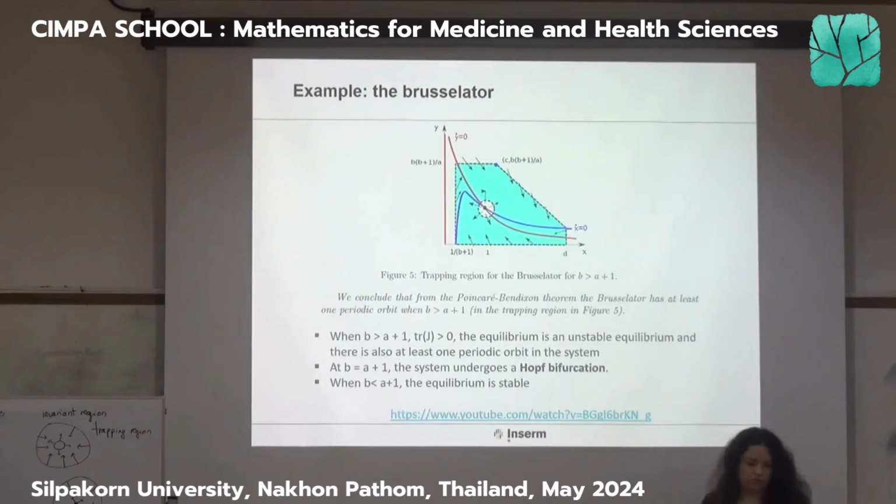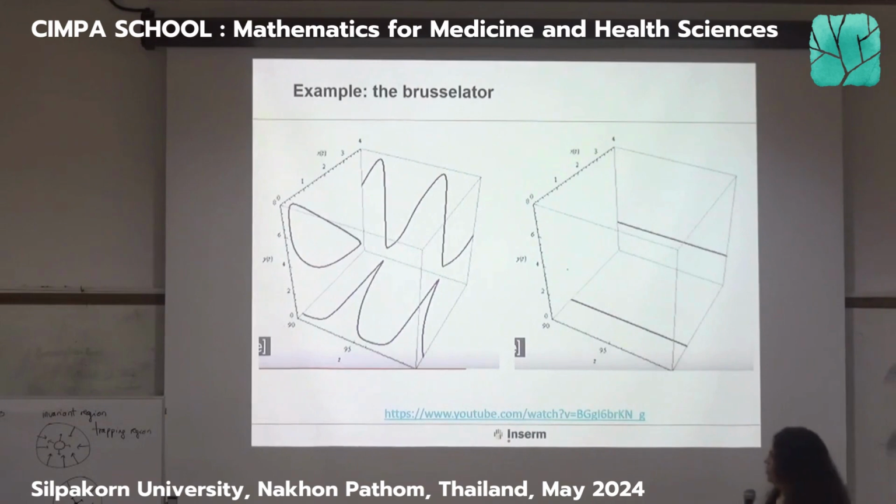And just to show you how it looks, here we have three different graphs in one. This is where you have a limit cycle. This is where you have a stable equilibrium. This part of the curve here is the phase plane.